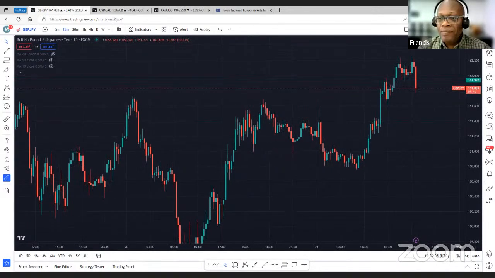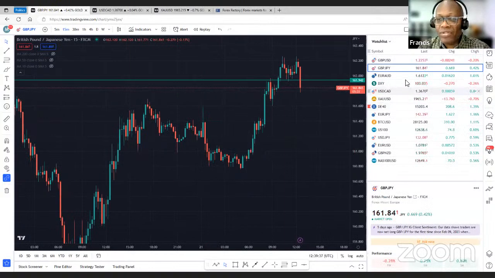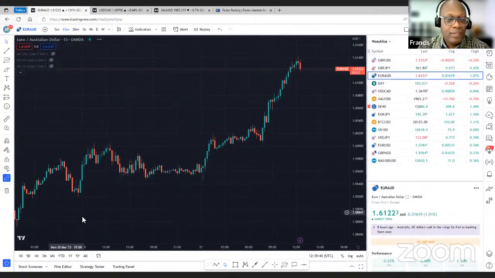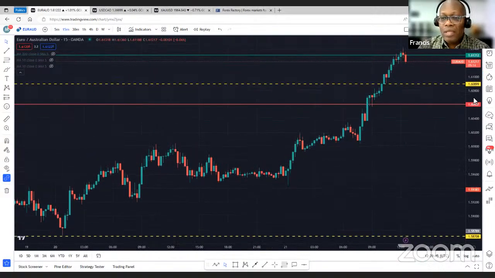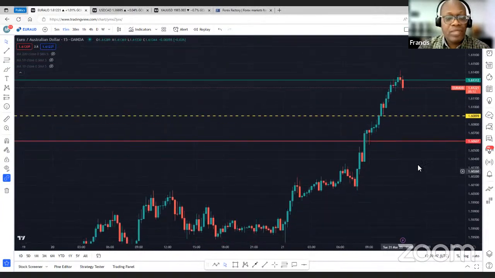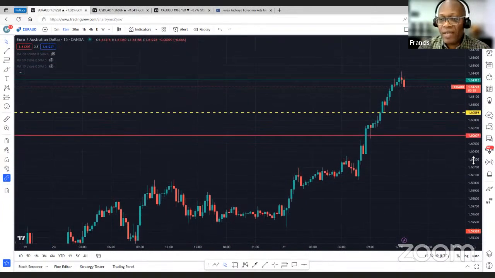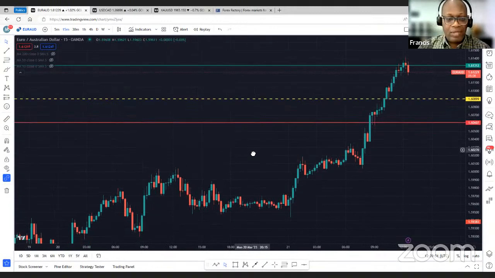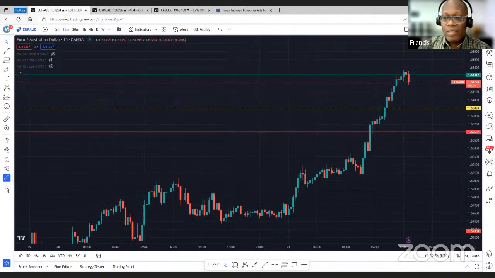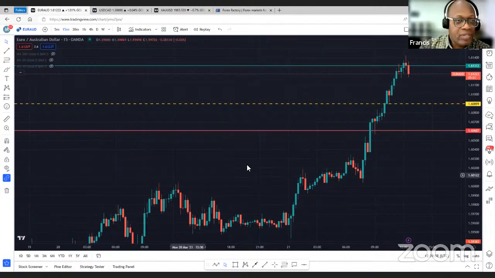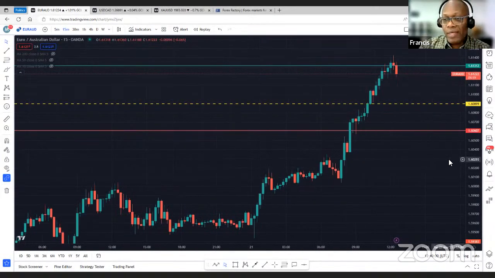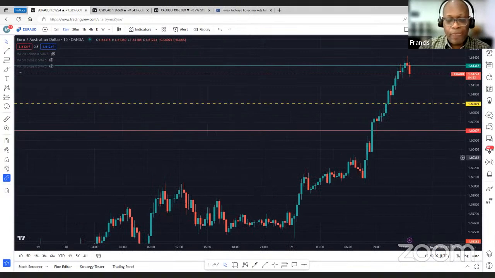Okay, so I have some pairs which I love to trade. There is the Euro Aussie dollar, which seems to have moved a lot today, but that's fine. The market does not move in one direction. There are times when it pulls back and can possibly give you some quick trading opportunity.